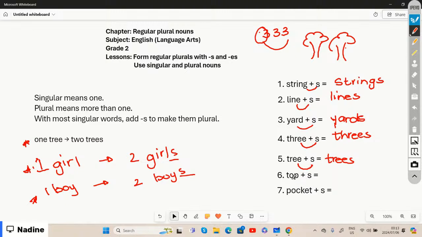Top: we have one top, more than one tops. Pocket: I have one pocket, but if we add an s to the word pocket, then it will be pockets.